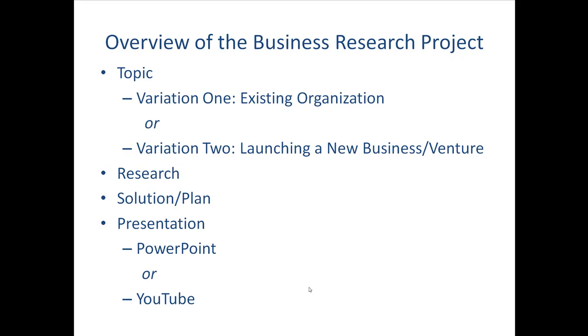After the topic and related variation has been selected, the next step is to conduct research. The key point of research is to learn what has been written, talked about, related to the selected topic. For those who've selected variation 1, all of the research has to take place outside of the existing organization.